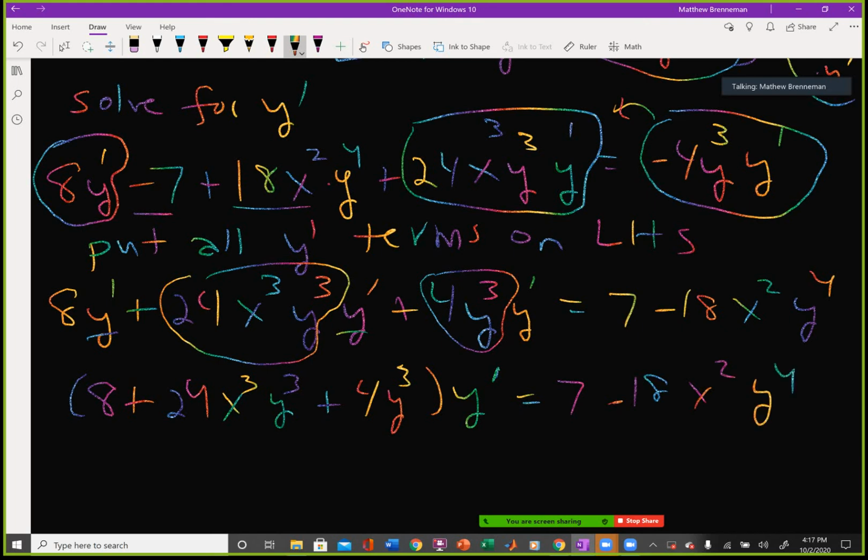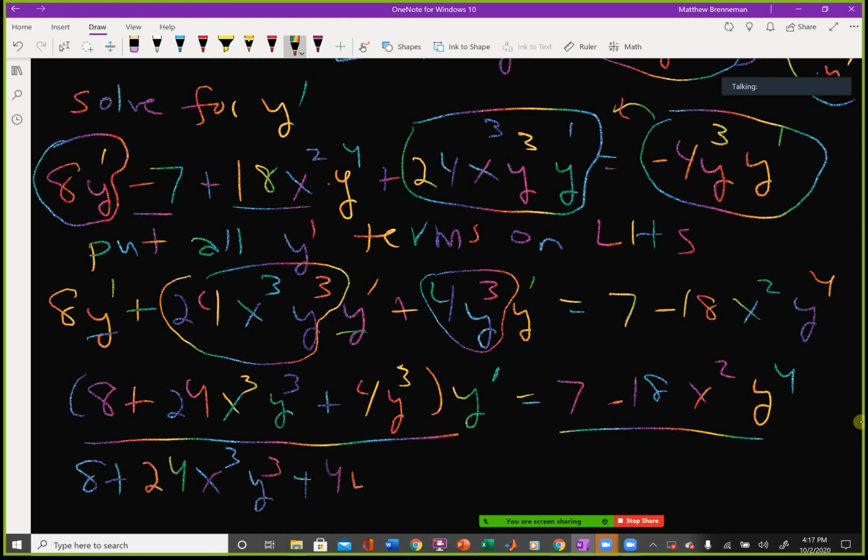But I'm going to divide both sides, right, by this quantity. And here, of course, again, cold-bloodedly set that up, right?